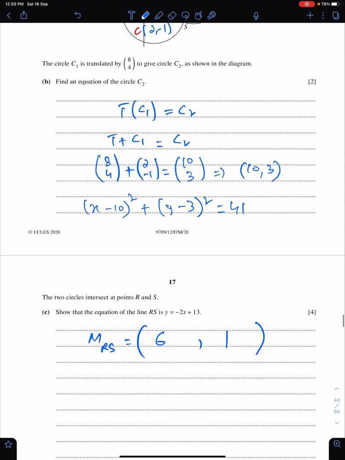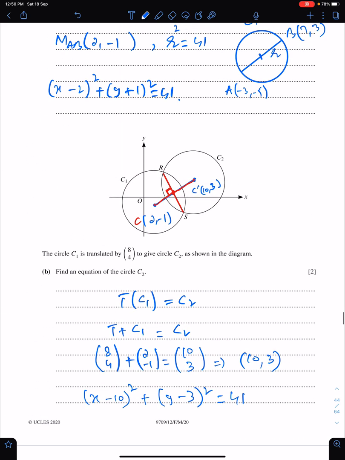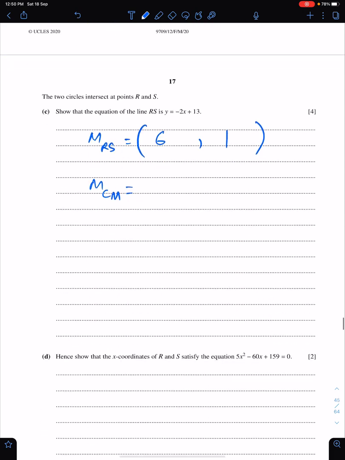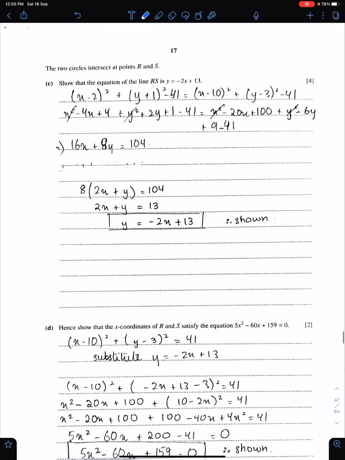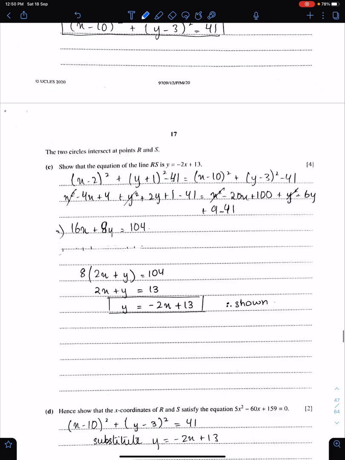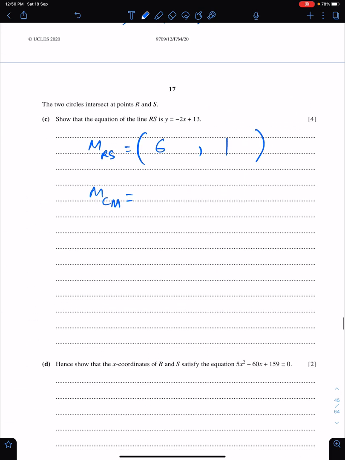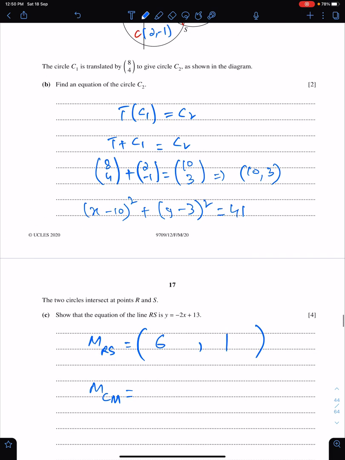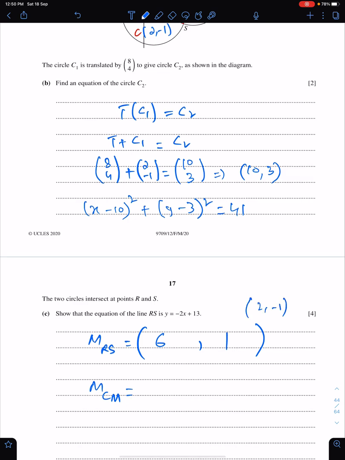Now we need the gradient of this CM. Let me check the gradient. 1 plus 1, 2.